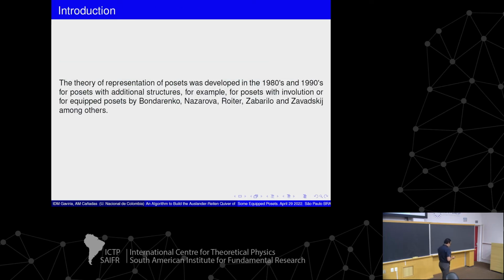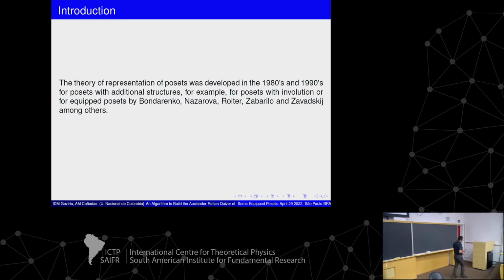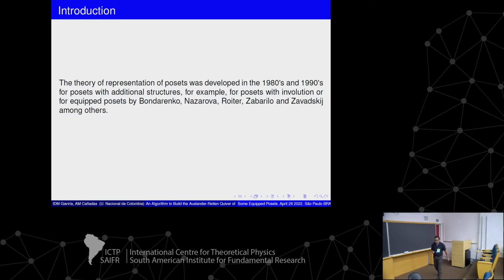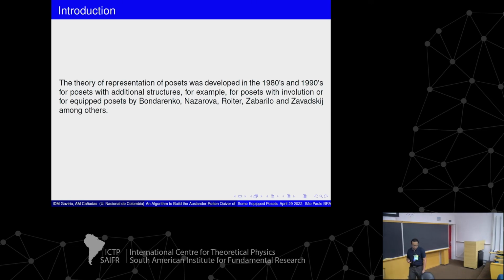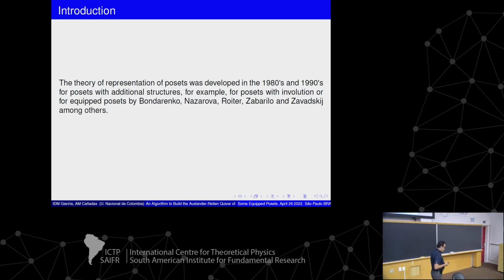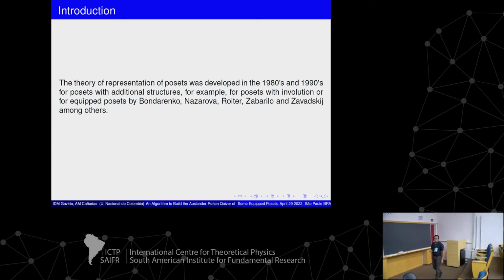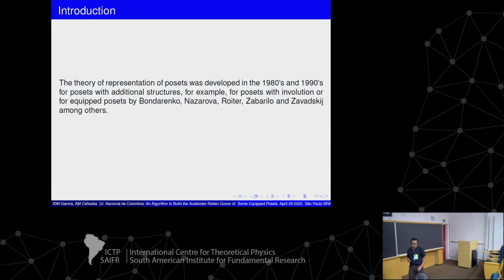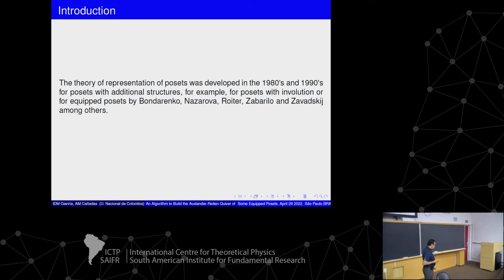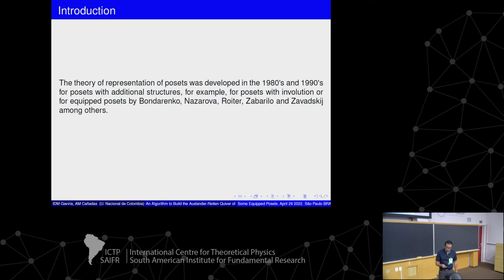All this theory of ordinary posets was developed in the 70s and 80s. And after, they introduced posets with additional structure. The most developed structure was the equiposet, that is, a poset with involution. All this kind of posets was studied by Bondarenko, Nazarova, Roiter, Zavadskij, Zavadsky.